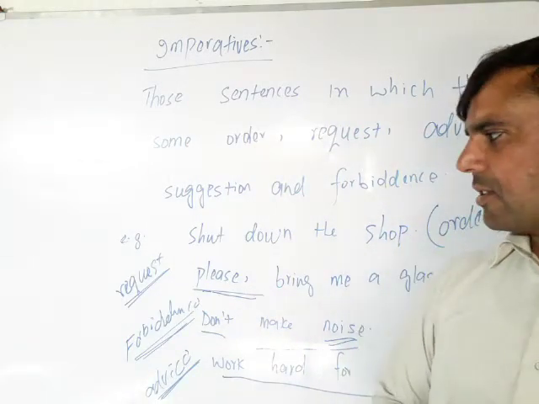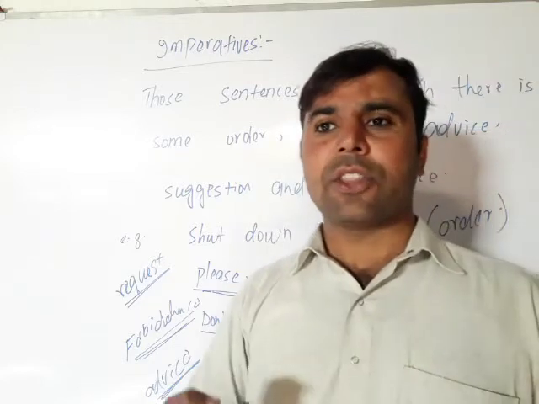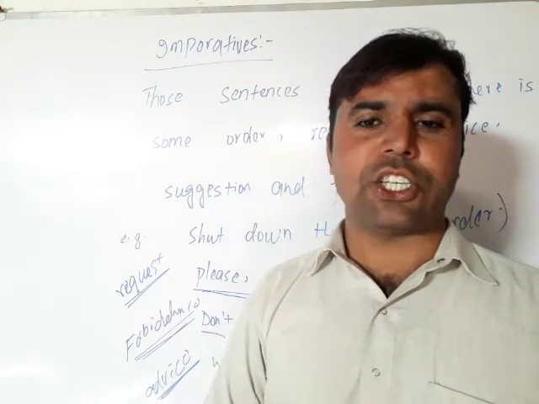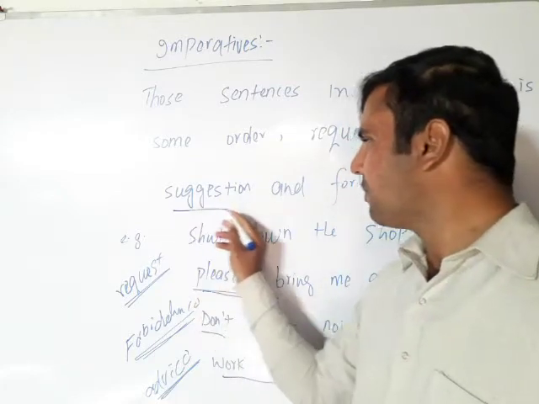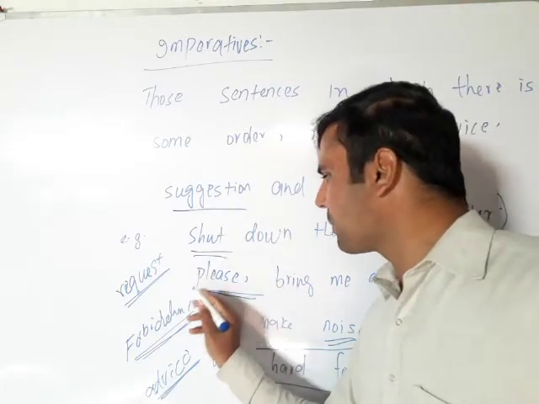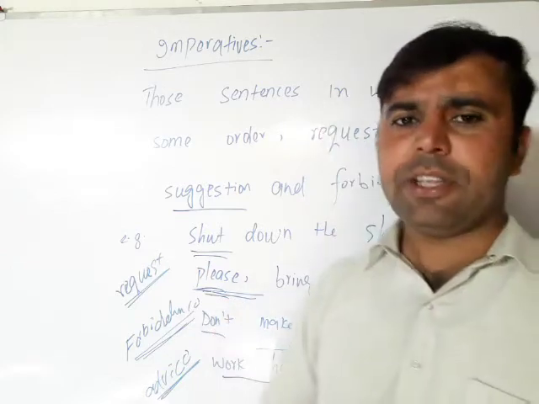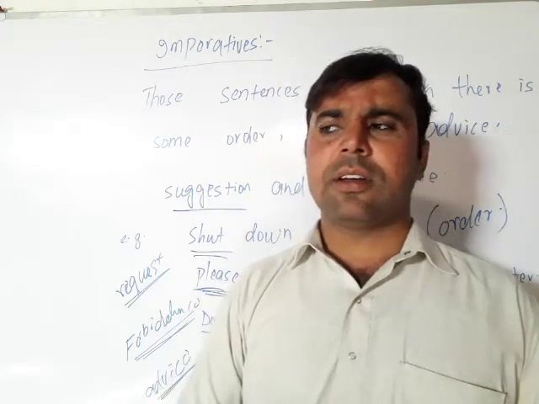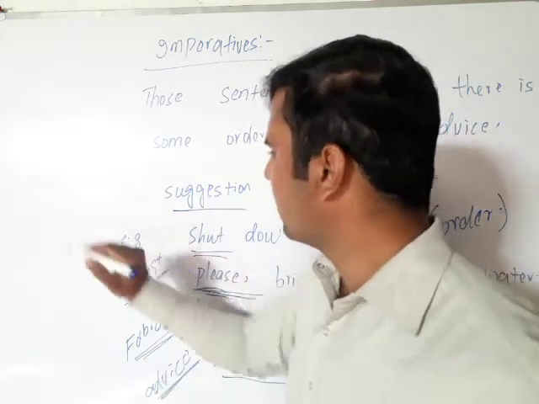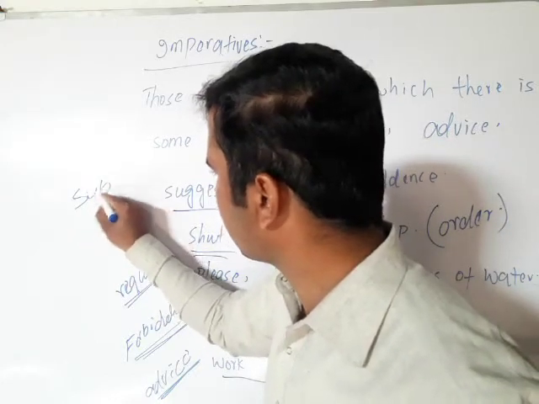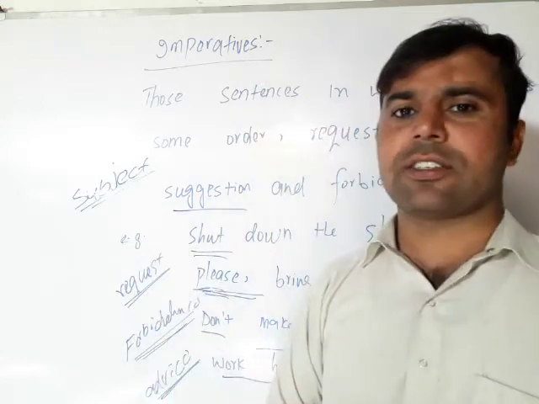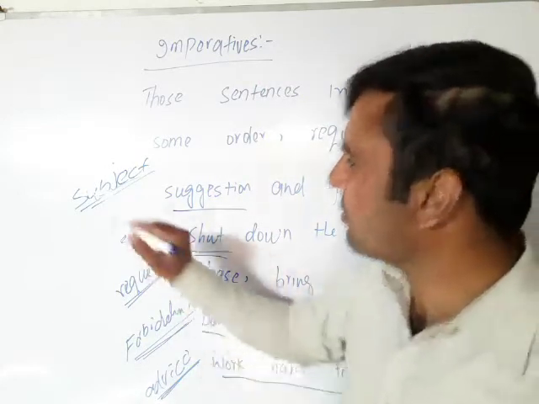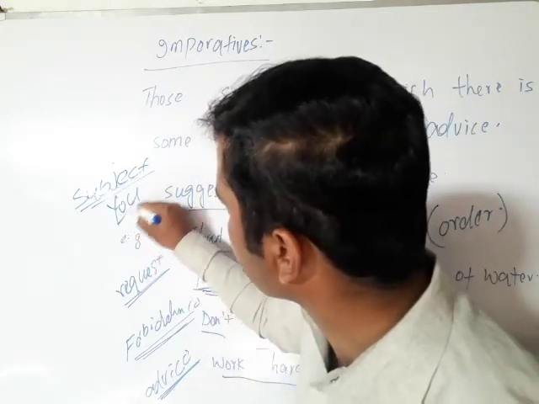Now, the obvious identity of the imperative sentences is that they begin with a verb. I mean to say that most of the time we do not put the subject in the imperative sentence. Why? Because the subject you is understood.